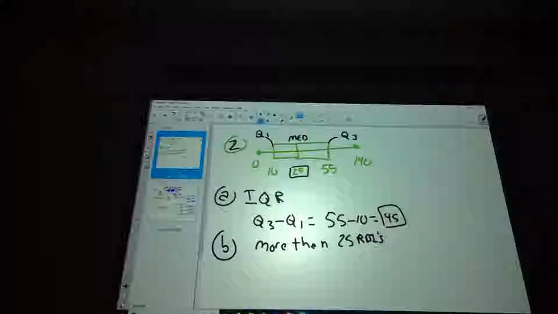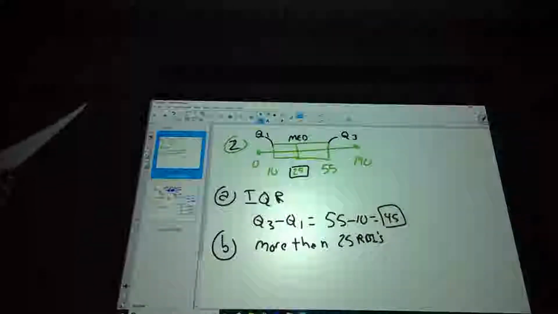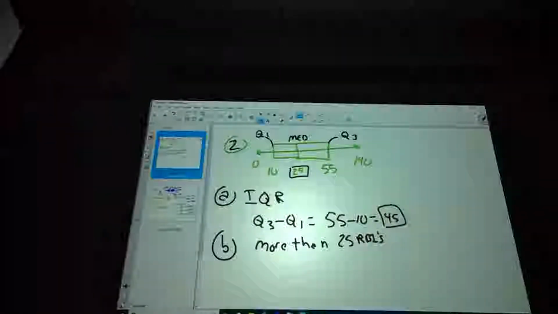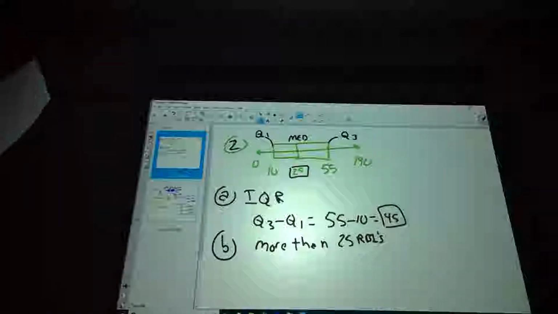So half are below and half are above. Okay, so how many AL hitters hit more than 25 in 2012? Well, it says the following box plot shows the 2012 season of RBIs of 280 American League batters.